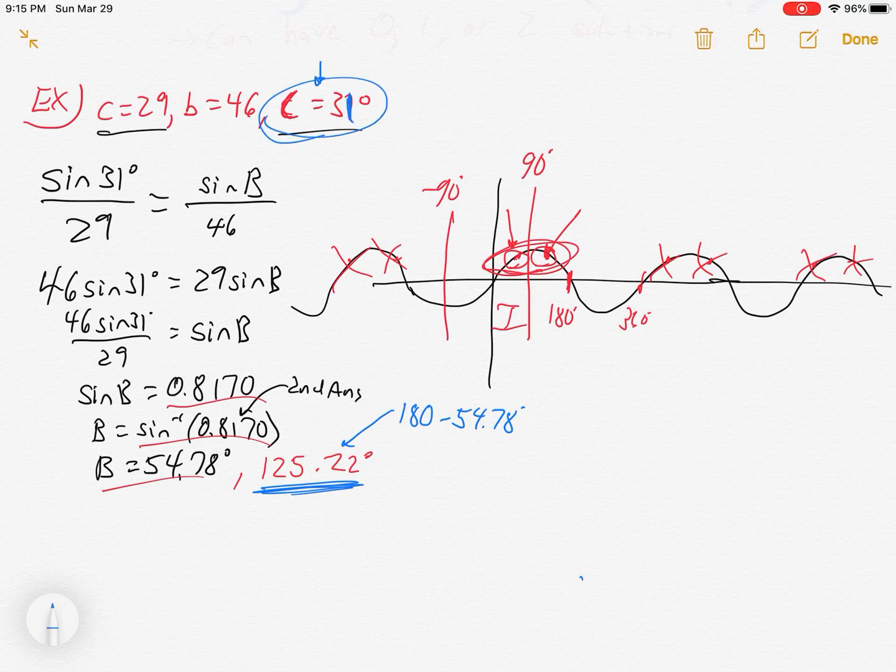That's a 31, by the way. Can 31 degrees and 125.22 degrees coexist? Yes, because they add to be less than 180, so they can coexist. That's fine.